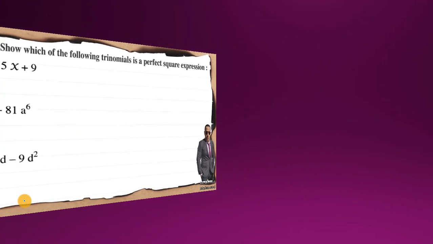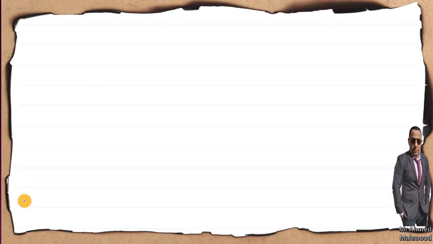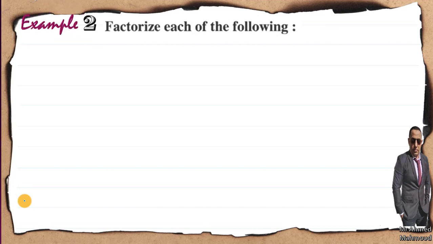Now let's take the next question to know how to factorize the perfect square trinomial. Factorize 9x power of 2 plus 12x plus 4. First, I'm going to check. Here x power of 2, x power 1 and x power of 0, the order is correct. Number 2, the common factor, there isn't any common factor.